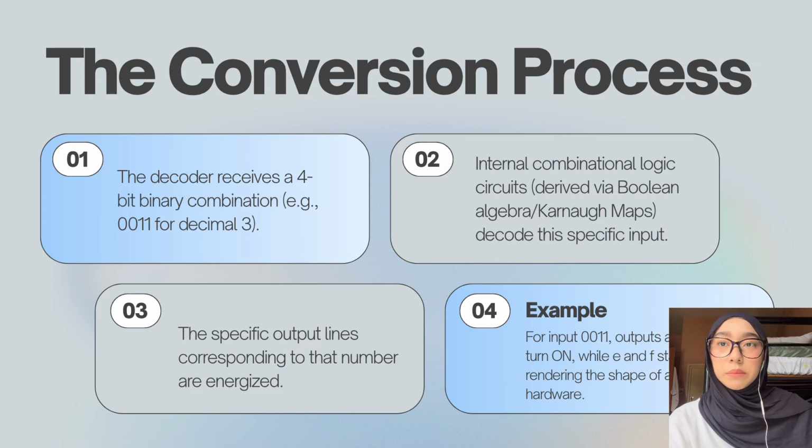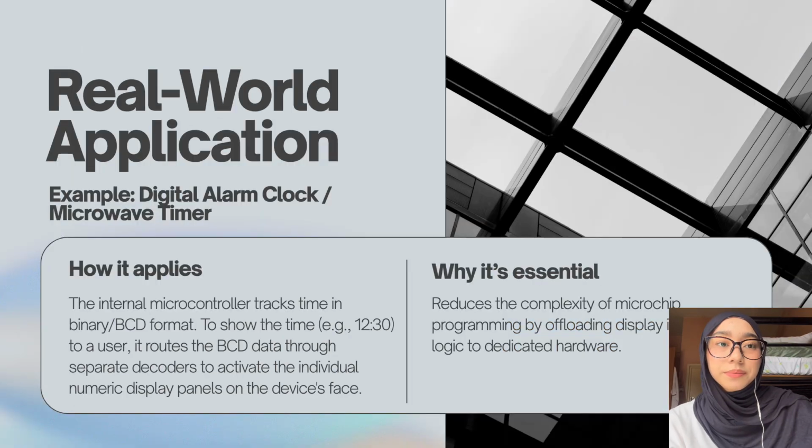Step 3, the specific output lines corresponding to that number are energized. Here is the example: for input 0011, which is number 3, outputs A, B, C, D, and G turn on, while E and F stay off, rendering the shape of a 3 on the hardware, which is the 7 segments.